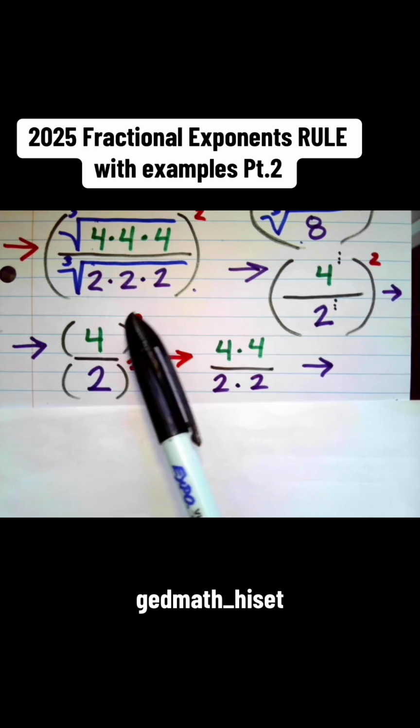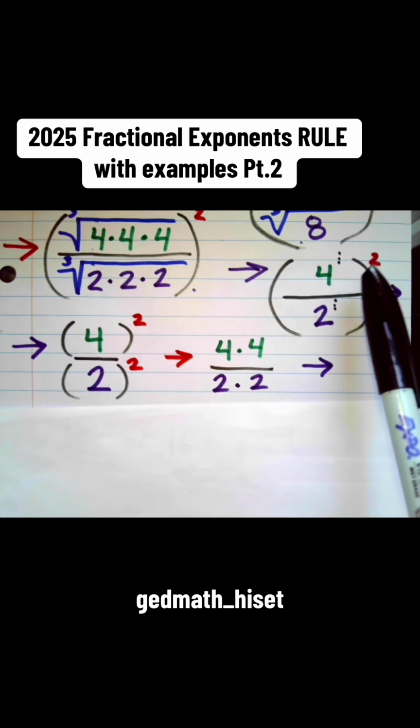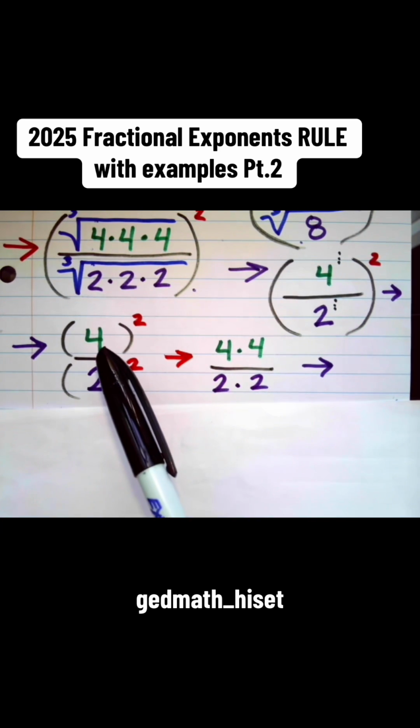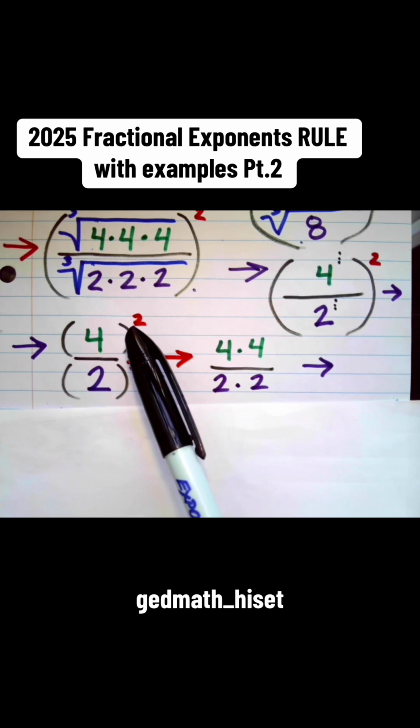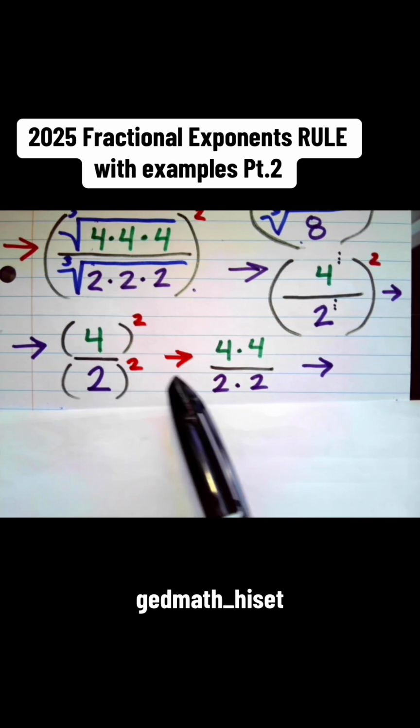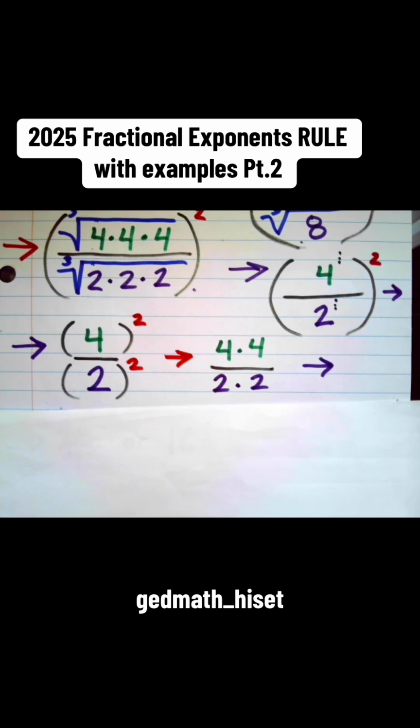We have the power of 2 raised to both of these terms. 4 squared is 4 times 4. 2 squared is 2 times 2.